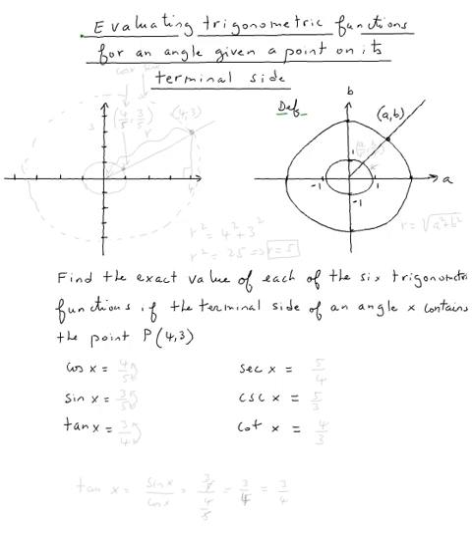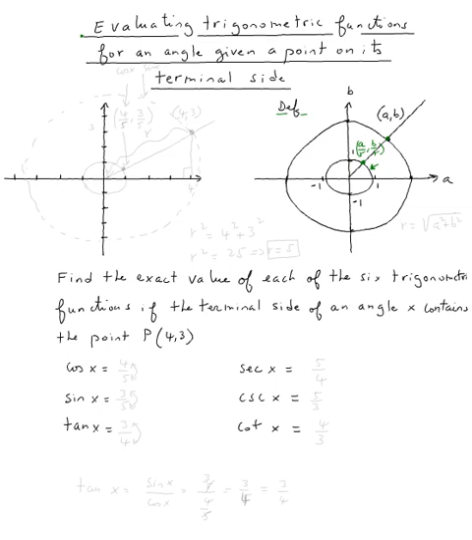The definition says, if you have a point (A, B) right here on the terminal side, then by drawing the unit circle, this point is always going to be A over R, B over R, always, by definition.